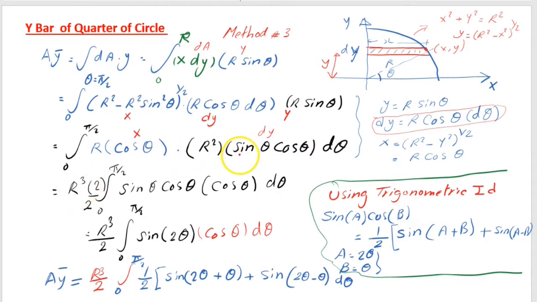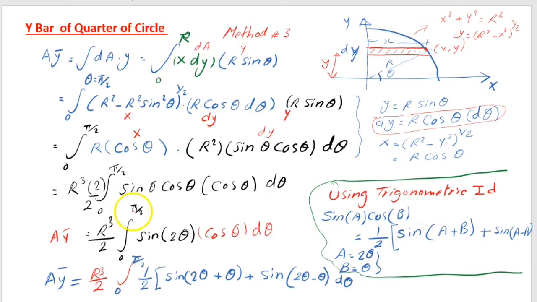Again, for the expression of sine theta cosine theta, we'll multiply by 2 and divide by 2. For sine theta cosine theta, we have sine 2 theta. So our A y bar would be equal to r cubed over 2 multiplied by the integration from 0 to pi over 2.